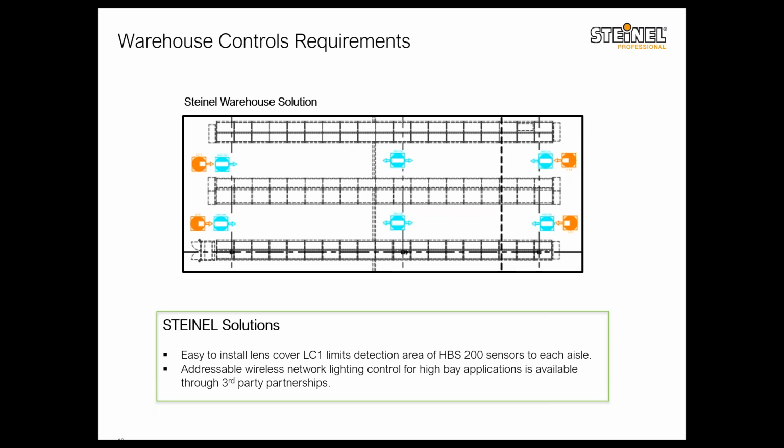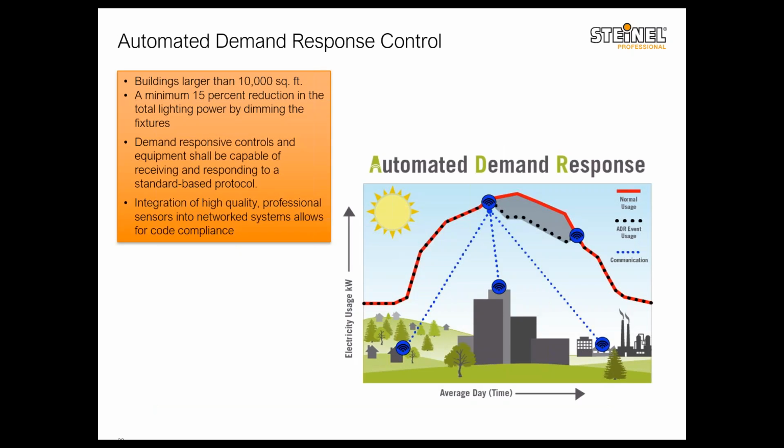The next topic that we're going to discuss is something that I've brought up from the beginning as the most important topic in Title 24, which is automated demand response control.